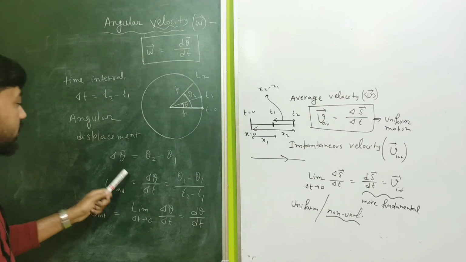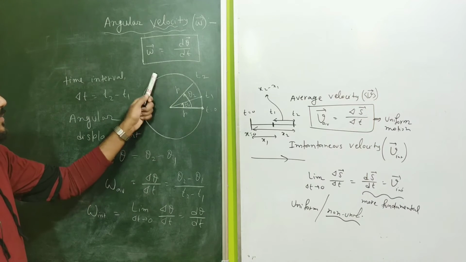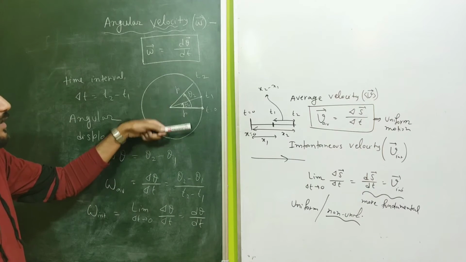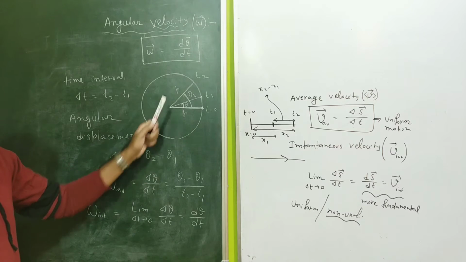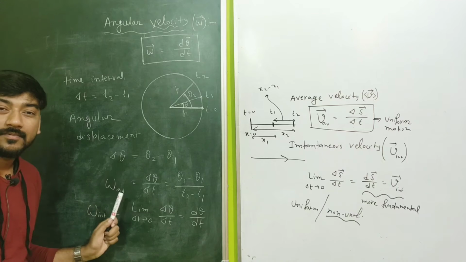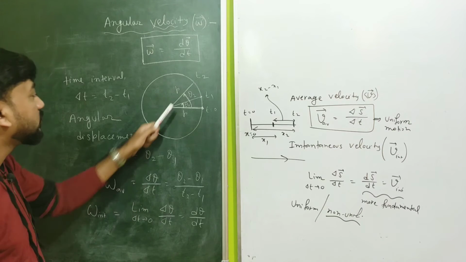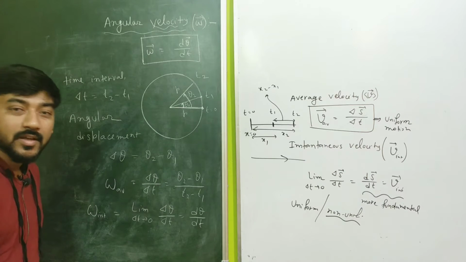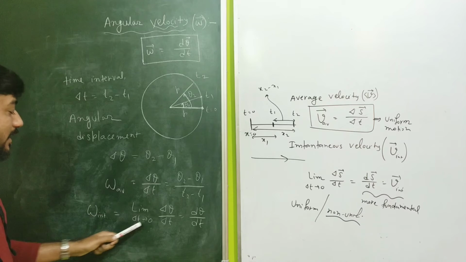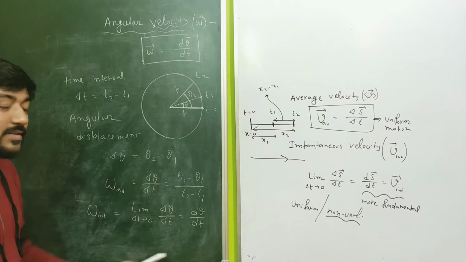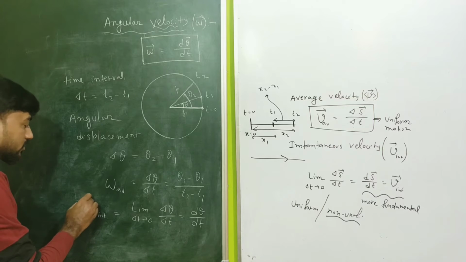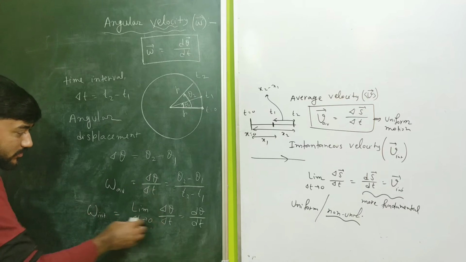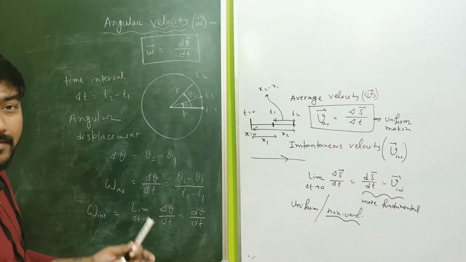But here the story is different. Here if theta 2 minus theta 1 is very large, then this is not a vector quantity. But if theta 2 minus theta 1 is small, then obviously this is a vector quantity. So in that respect we have to take this as very small. And obviously when delta t tends to 0, then it will be instantaneous, and more and more small. These are actually measured on a very small scale.